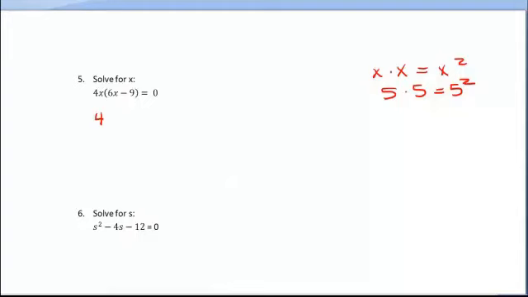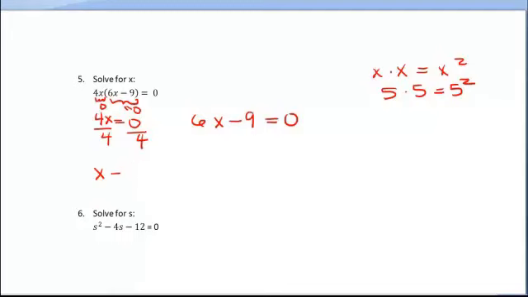So what I do is I say, if this 4x is equal to 0, or if this 6x minus 9 is equal to 0, then this equation is true, and I've solved it. So I set 4x equal to 0, and then I also set 6x minus 9 equal to 0, and I solve for x on each of these.